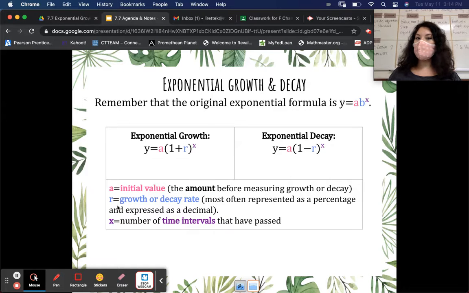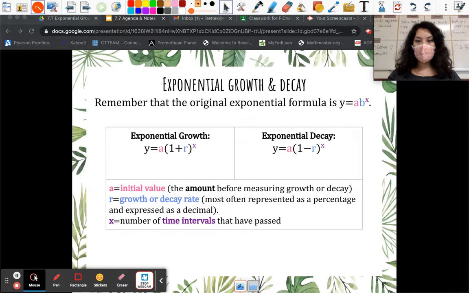And this is usually expressed as a percentage. If you're looking at an example that models exponential growth, you're going to add that R value to 1. This entire thing in parentheses, this 1 plus R, is our b value, that growth factor.